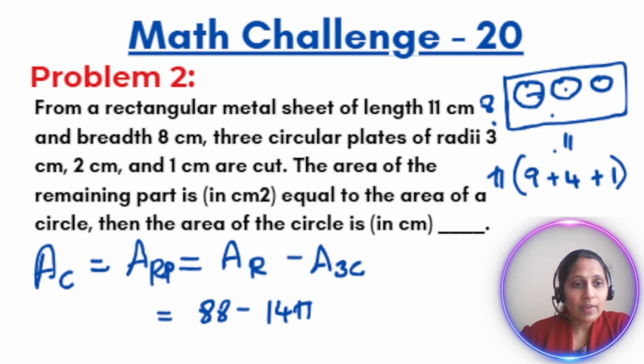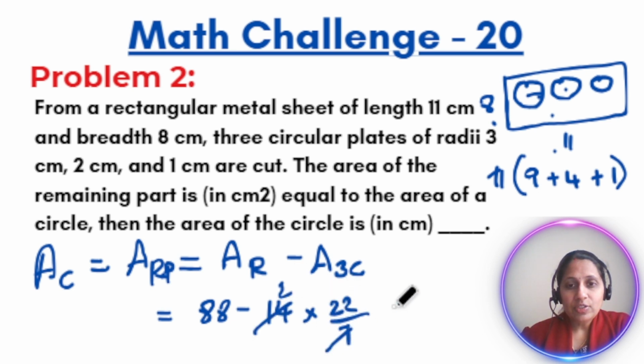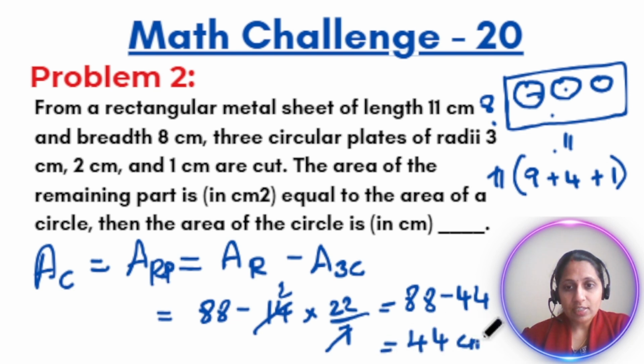Let's substitute the value of pi here, 22 by 7, so it gives you 2 times 22, which is 44. So 88 minus 44 is 44 centimeters square. So this is the area of the circle in centimeters square. Clear? Once you understand the logic behind it, the problem becomes very easy.